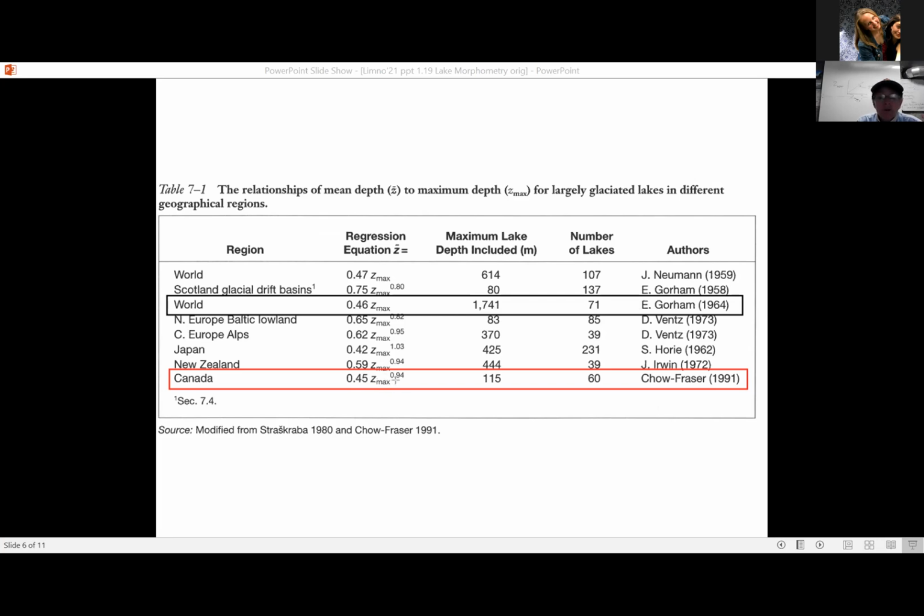But there's also a little bit of an exponent here, 0.94. Now, if there's no exponent shown, the exponent is 1. And honestly, when I look at this, what I see is that two of these data sets, the two biggest data sets, have no exponent. And in the ones that do have exponents, most of them are pretty darn close to 1.